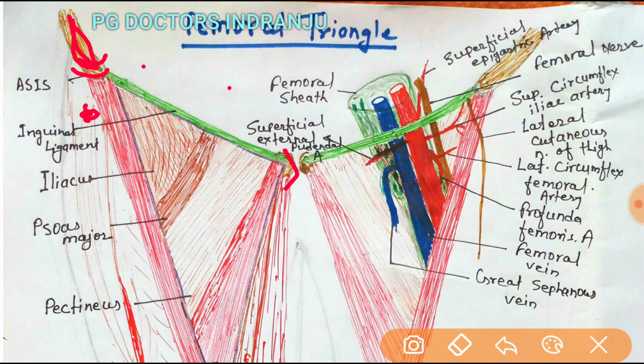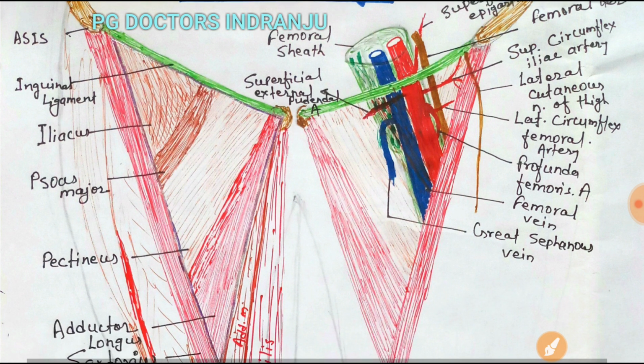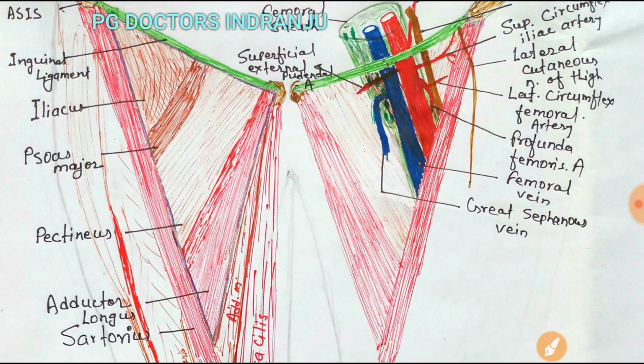This is the infolding of the external oblique abdominis muscle here, and you can easily watch this triangle. The triangle is between the muscles, and the floor of this triangle I will elaborate in this video.